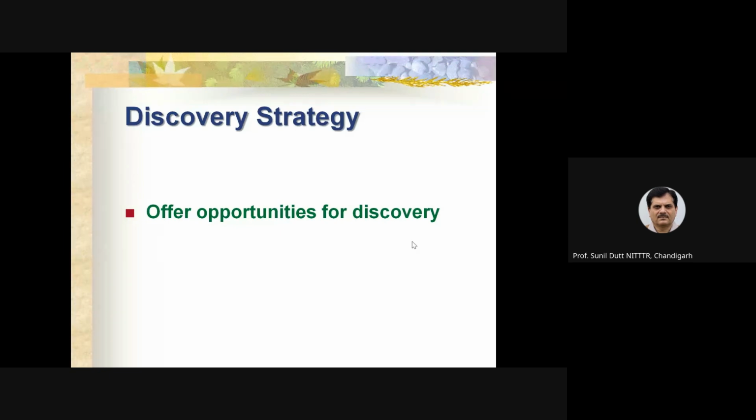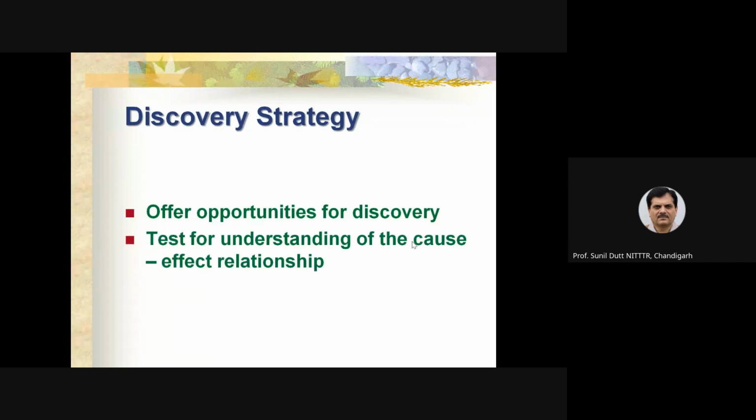Hopefully, by observing the effects of their action, the student will be able to establish a relationship between cause and effect. I have given you examples of magnetism and acids and bases, etc. Then the second step is to test for understanding of the cause and effect relationship.